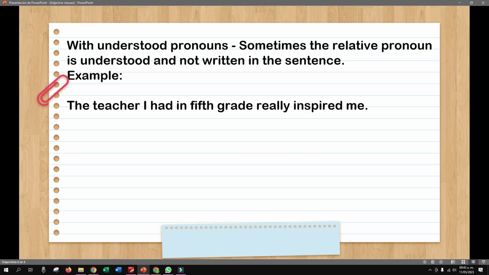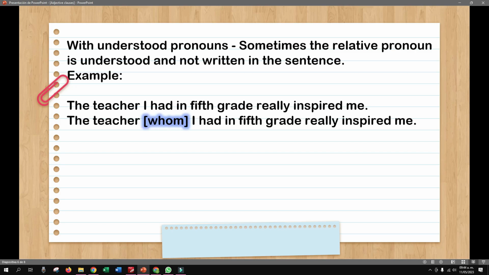You can say the teacher that I had in fifth grade really inspired me, but the relative pronoun there is not necessary because it is understood. So the teacher, you don't need the relative pronoun, just I had in fifth grade really inspired me. So you don't need to use the relative pronoun in that case.